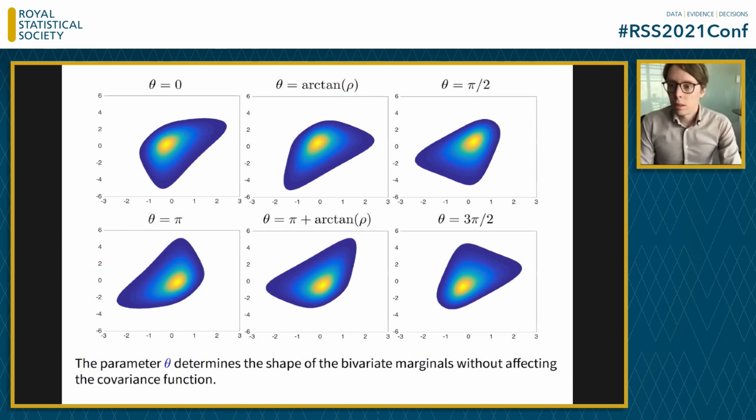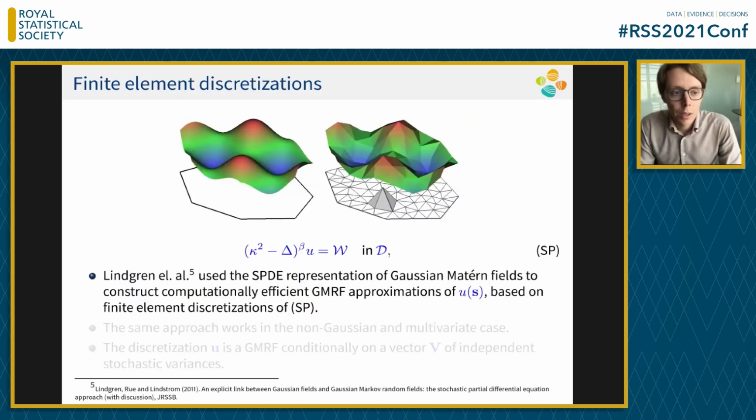Okay, so that was a brief introduction to these types of models. The question then is, how can we work with these in practical applications? What we will do is, first of all, we need to discretize these SPDEs somehow. And for this, we will use finite element methods.